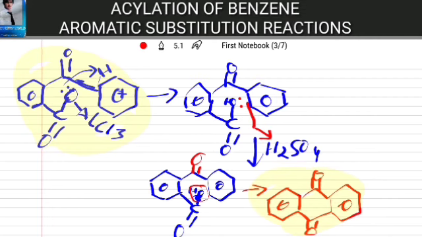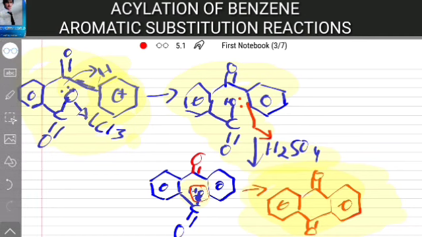This is an intermediate, and this O reacts on the H of the aromatic ring, which is now in this position acting as a sigma complex or intermediate, and we can get this one. The O further reacts on H2SO4 and becomes H2O. Here H2O is released and we can get our product in the form of a ring closure.